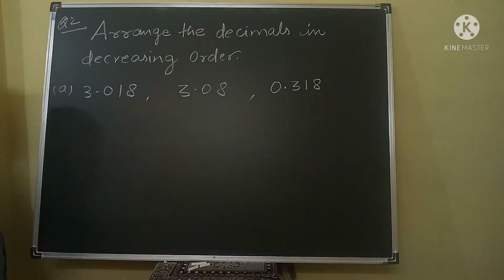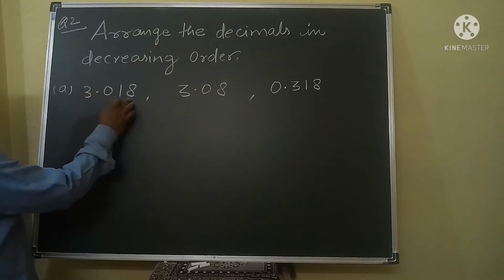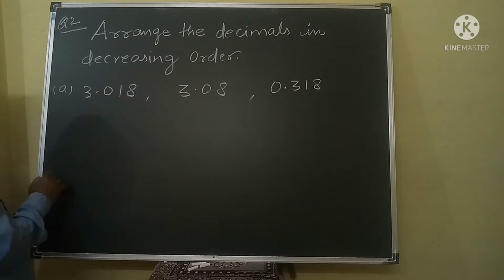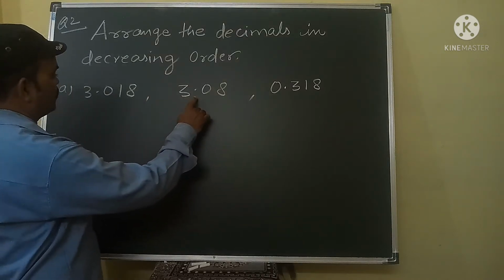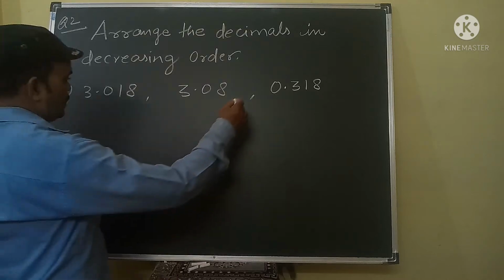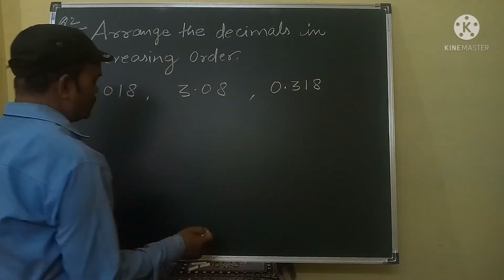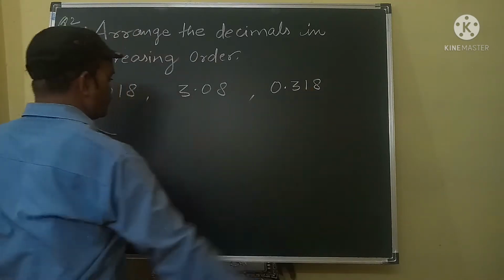Okay, as you are looking, after the decimal point there are 3 digits. In the second decimal number, after the decimal point there are 2 digits. Now in the third decimal number, after the decimal point there are 3 digits.